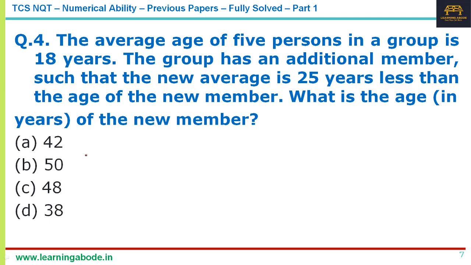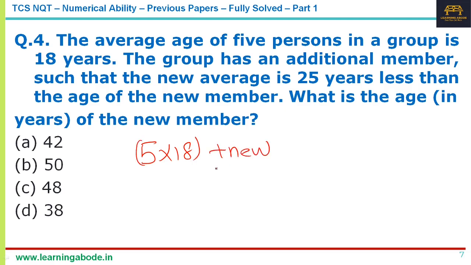Now question number 4. The average age of 5 persons in a group is 18 years. A group has an additional member such that the new average is 25 years less than the age of the new member. Now what is the age of the new member? Again, for this question there is a usual average shortcut which I don't want to go into. We'll straight away write. There are 5 people whose average age is 18, and then you are adding the new person.